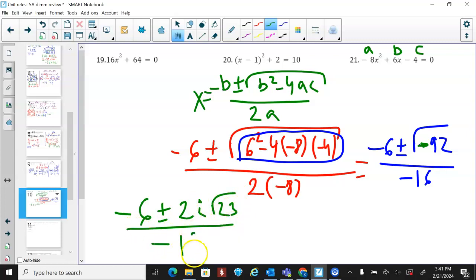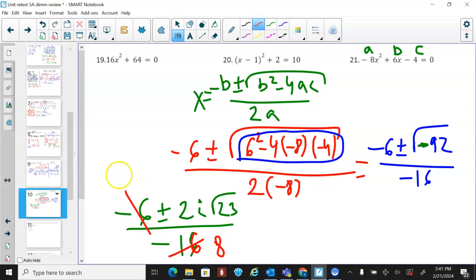Divided by negative 16. Now, I don't like negative 16 on the bottom. I don't. So when I'm dividing and simplifying the 6, the 2, and the 16, the common factor is 2. I'm going to divide it by negative 2 because I don't want negative on the bottom. So negative 16 divided by negative 2 is positive 8.